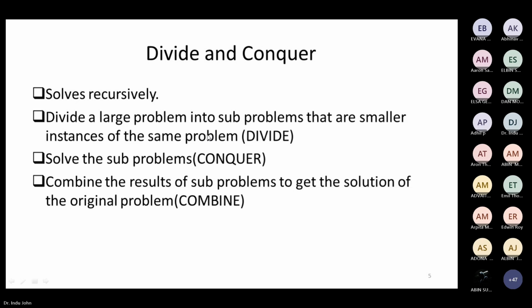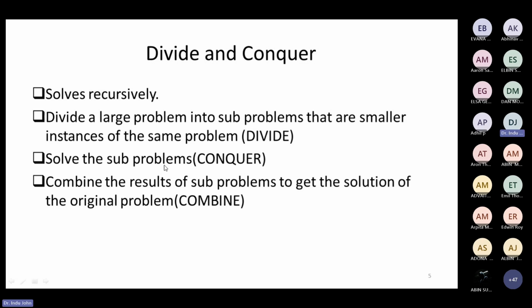And the second part is to solve the subproblems. As is obvious, it is easy to solve a smaller problem compared to a larger problem. So if you have 10,000 numbers to be sorted, that's not very easy. But if you have like 2 numbers or 5 numbers to be sorted, it's an easy problem.